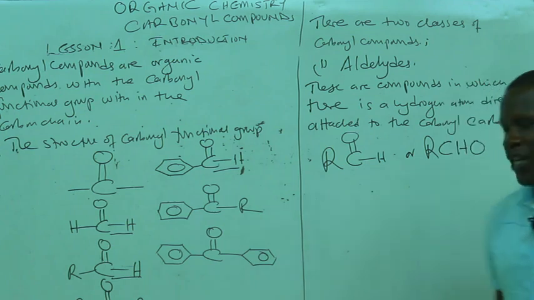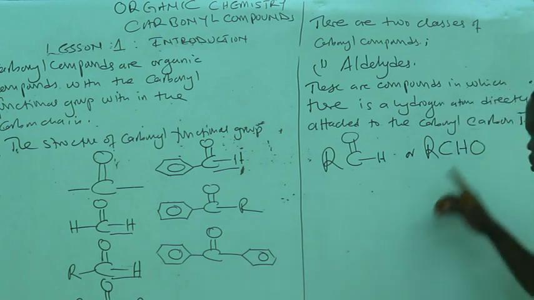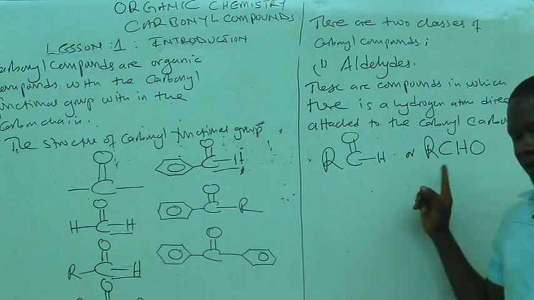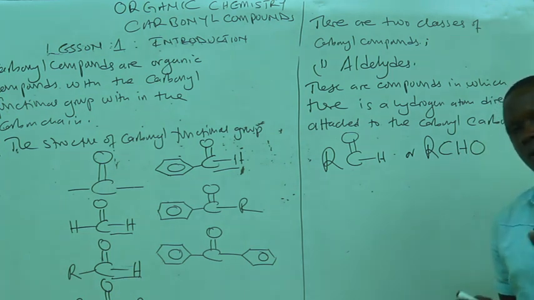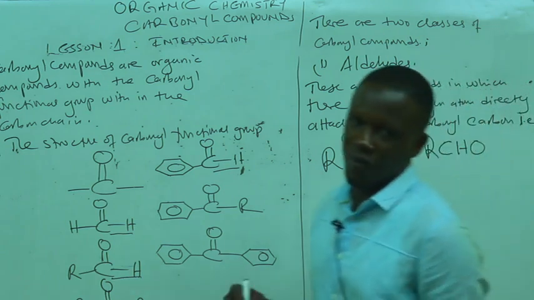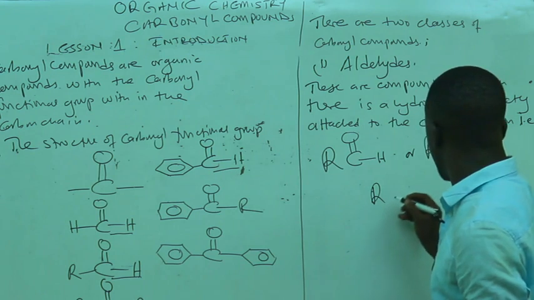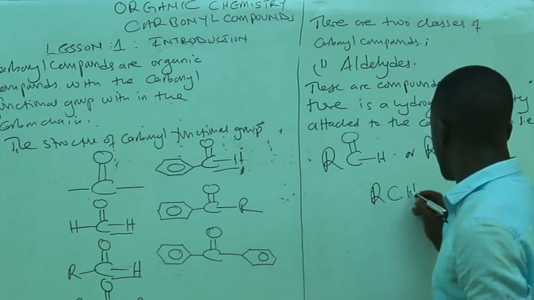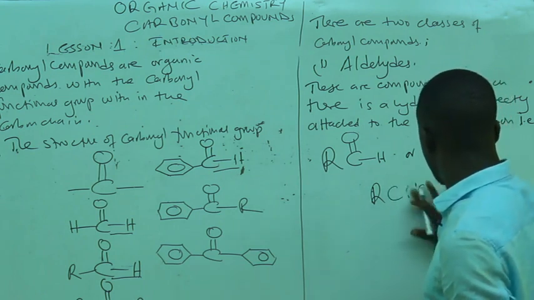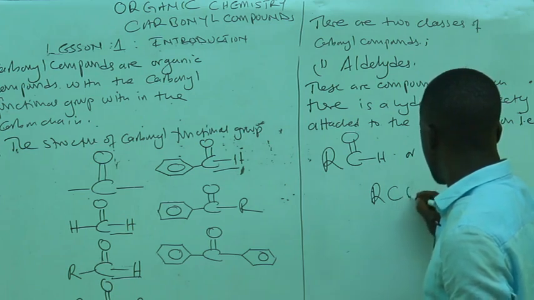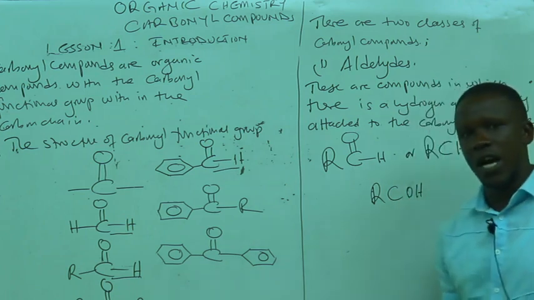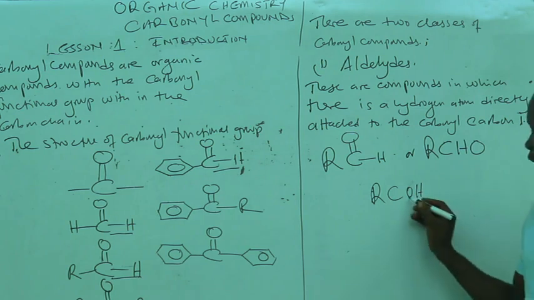The idea of writing the H first is to emphasize that there is a hydrogen atom attached on the carbonyl functional group, but also to distinguish them from the alcohols. If we had written with O first, they would look so close to alcohols, yet they are not alcohols, because alcohols are the ones with a hydroxyl group.